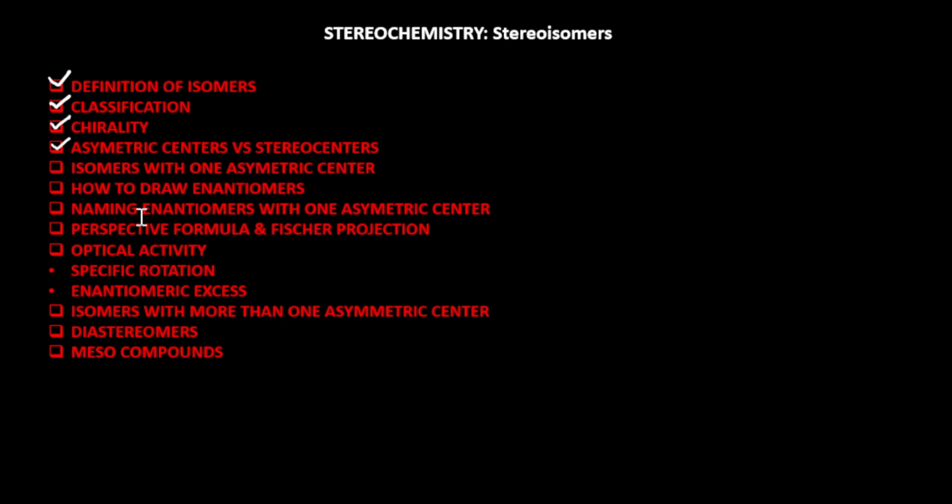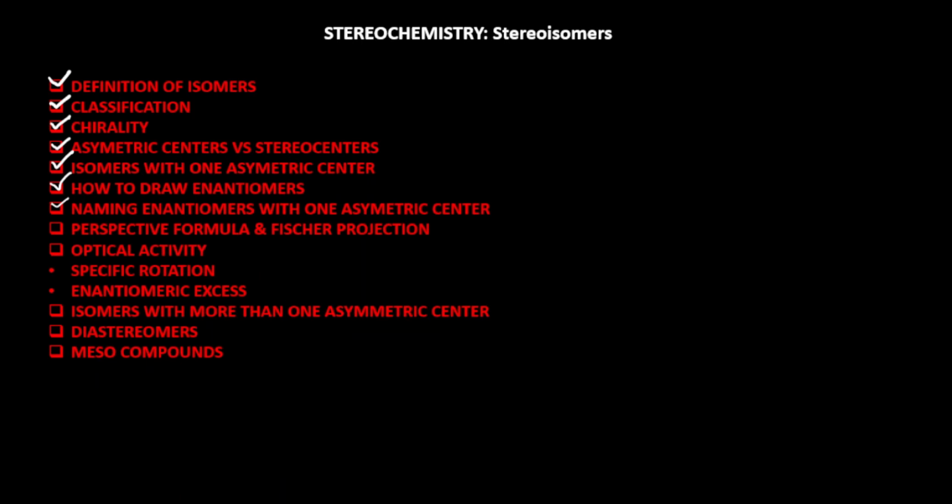Going by our outline, we've been able to draw the enantiomer, and we've also considered isomers with one asymmetric center and how to draw enantiomers. Of course, we'd later on consider perspective formula and Fischer's projection, but we've considered how to draw enantiomers and also how to name them. We simply represent the configuration in a bracket and name the molecule as usual.